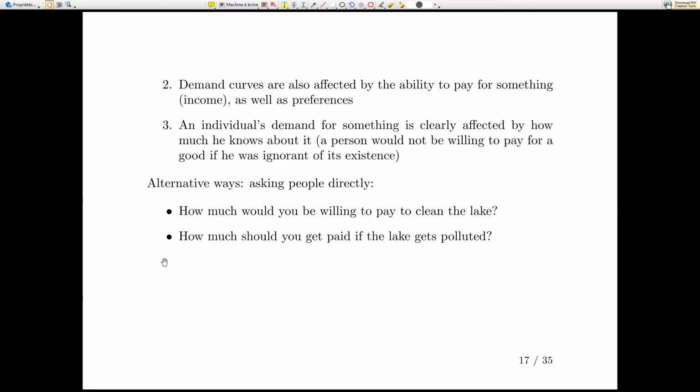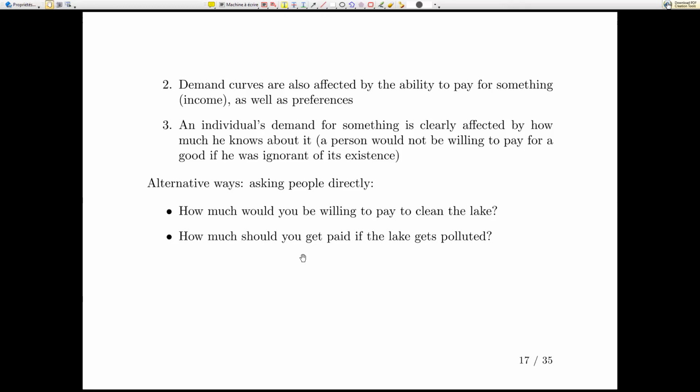So generally, when you ask people, how much are you willing to pay to clean the lake? People say, I don't really know, I don't really care about this lake anyway, so maybe $10 at most. But then if you ask them, your lake is clean, how much do we have to pay you so that you accept for the lake to be polluted?